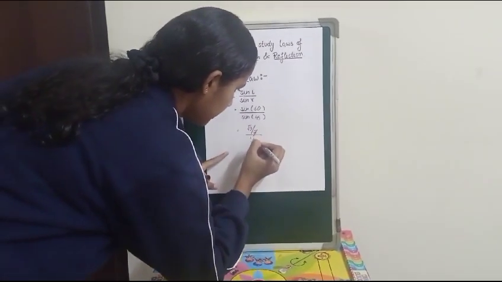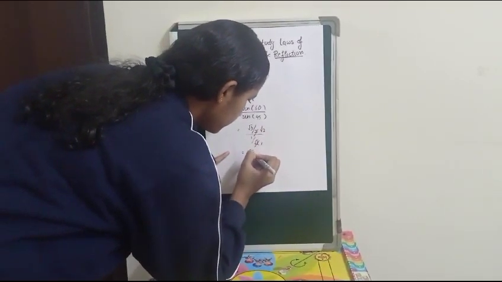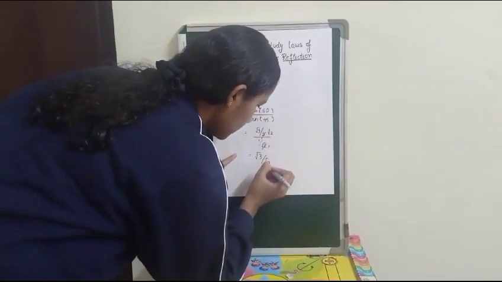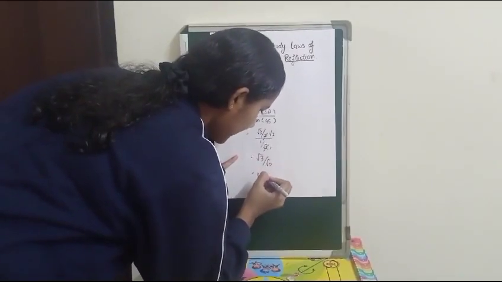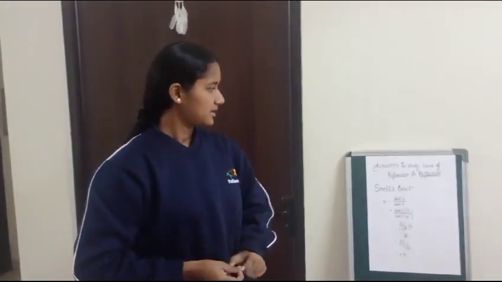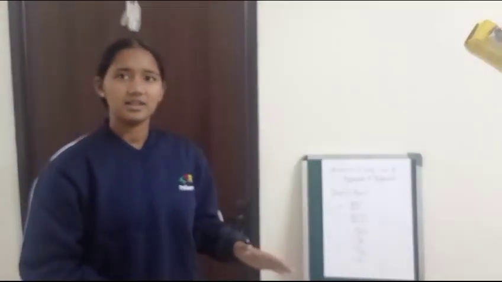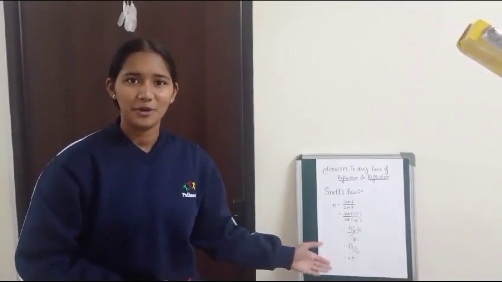When we calculate it, we get root 3 upon root 2, which is equal to 1.5. So this is the refractive index for this particular glass slab. If we do any other angles, we would get the same number, 1.5.